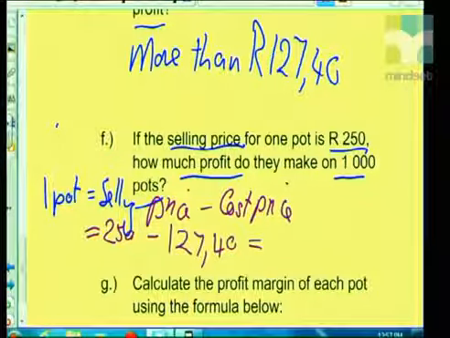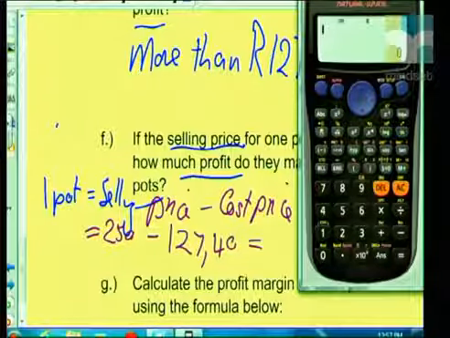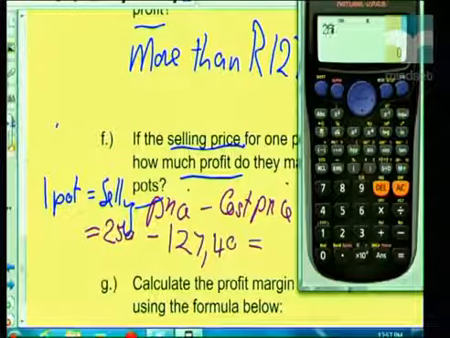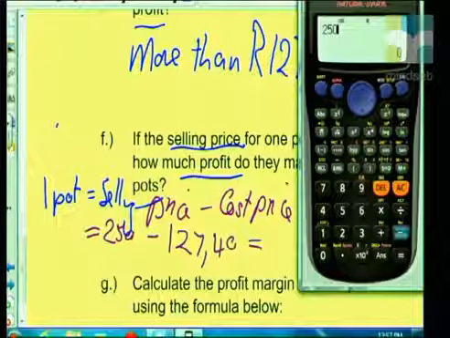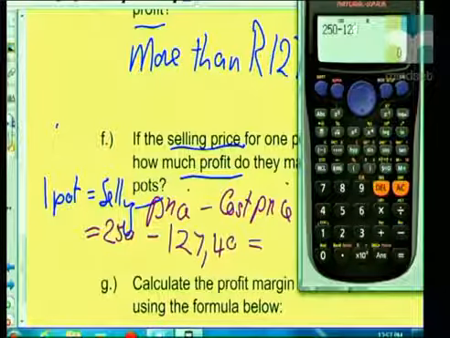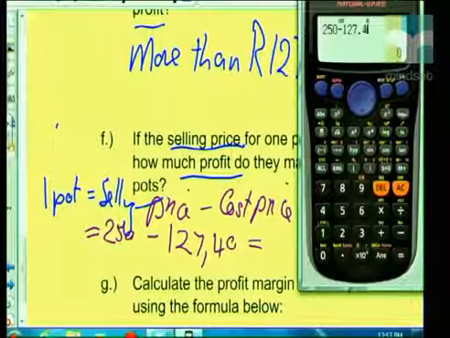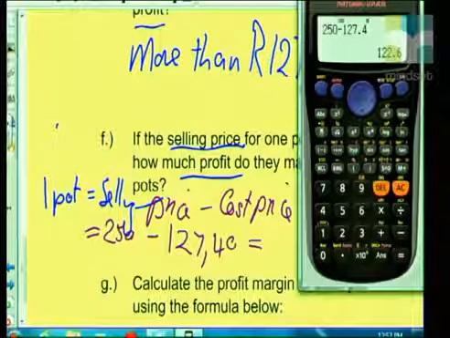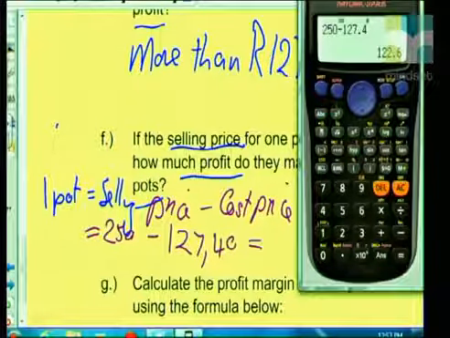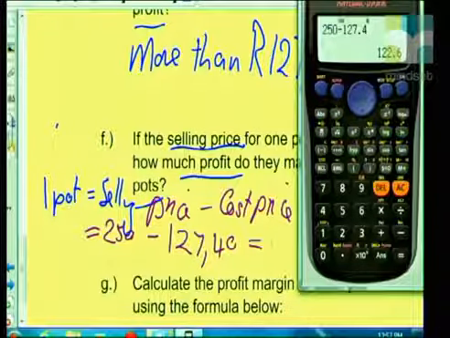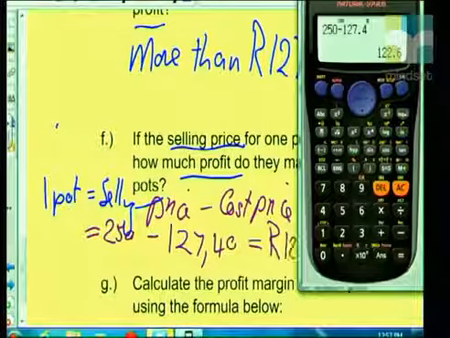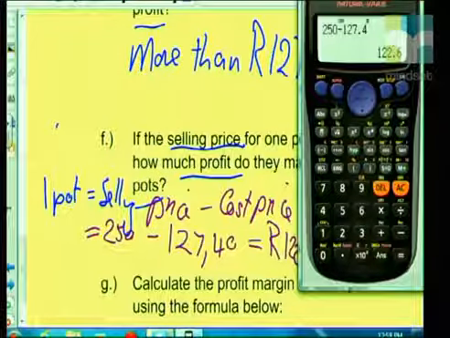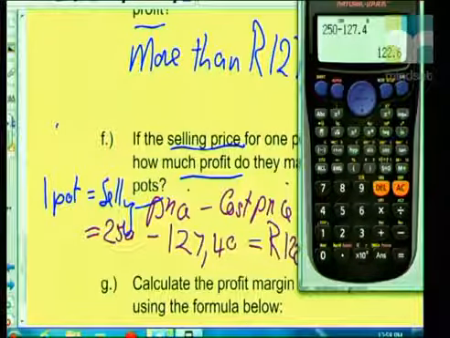So let's do the calculation and do 250 minus 127 and 40, and that's going to give us 122 Rand and 60 cents as my profit. Now, what is it going to be for 1,000 pots?